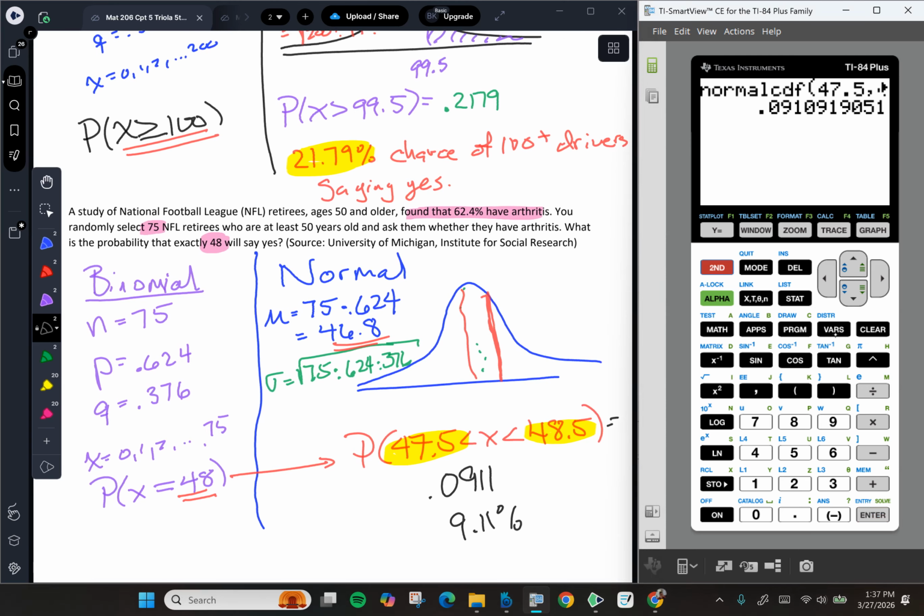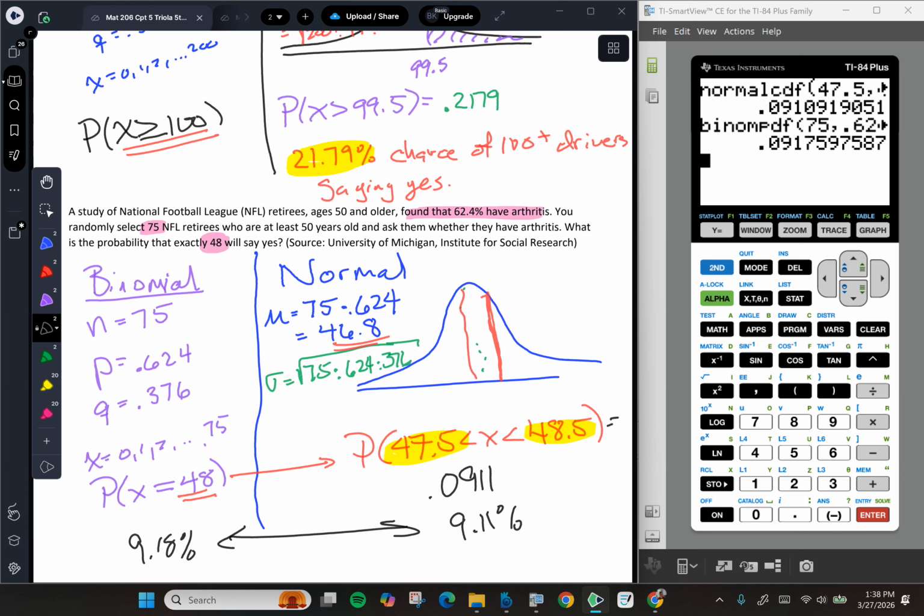If I had done this using the stuff from last chapter and just done it directly as a binomial with 75 and 0.624 and 48 and just ran it that way, look at the answer I get. 0.0918. So instead of 9.11, I would get 9.18%. These are pretty close together.